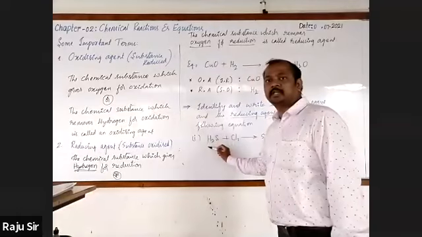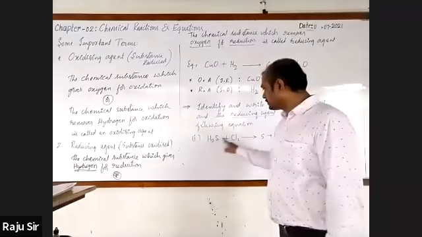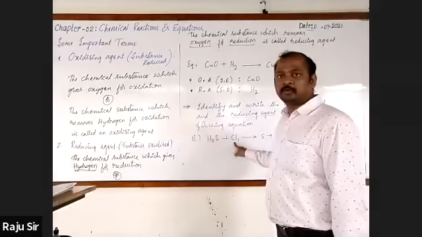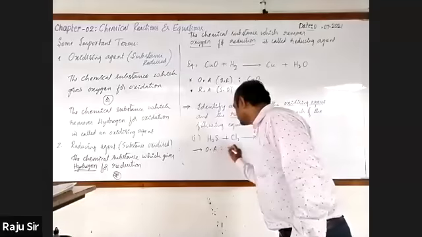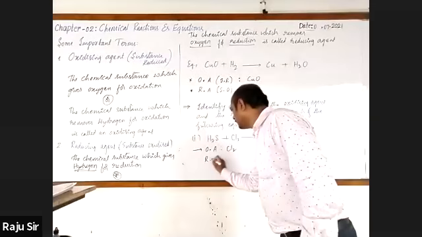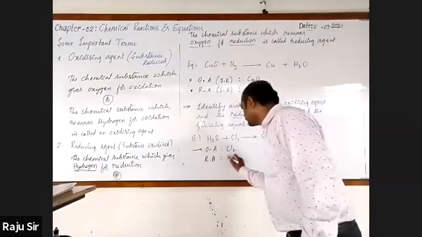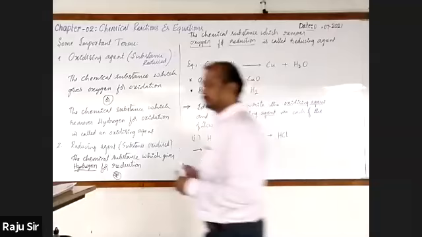Is it oxidizing agent or reducing agent? Reducing agent, it has hydrogen. And this hydrogen is removed by chlorine. Therefore, chlorine is called oxidizing agent. Oxidizing agent is chlorine and reducing agent is H2S, hydrogen sulfide.